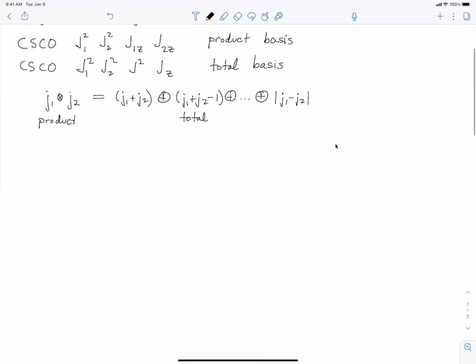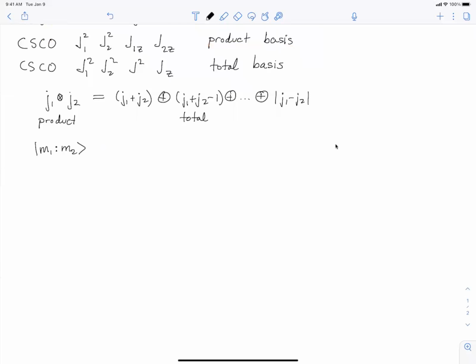And so let's just count states to make sure we understand what's going on here. So in the product basis, we have states that we can write as m1, m2, and we put a colon between them to represent that we're in the product basis.